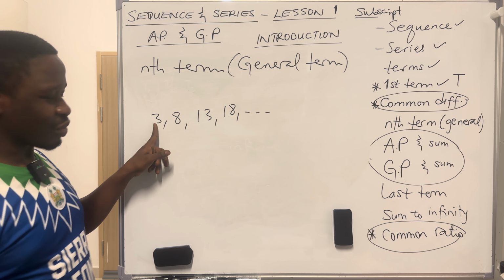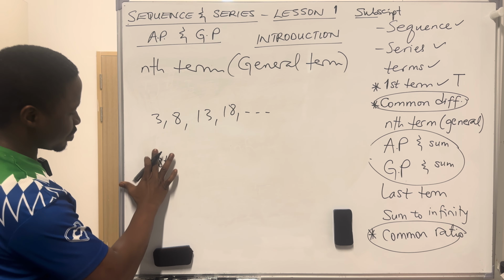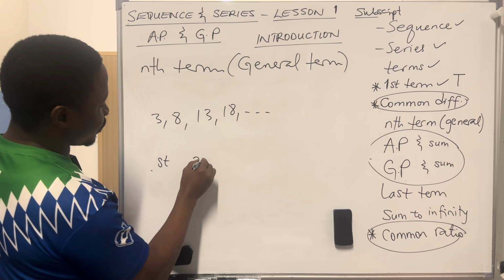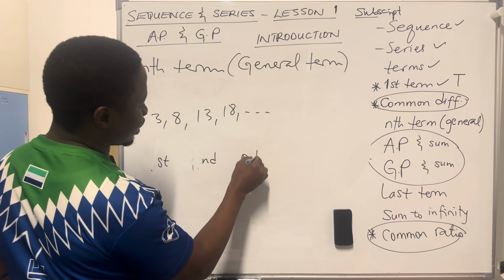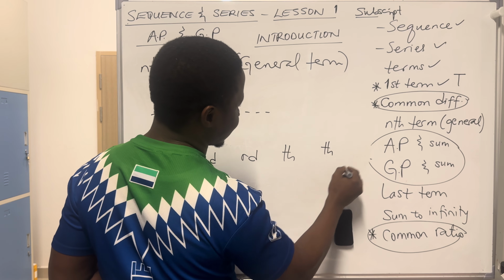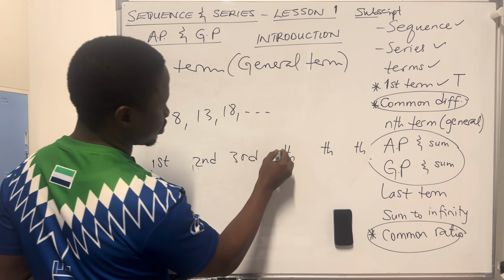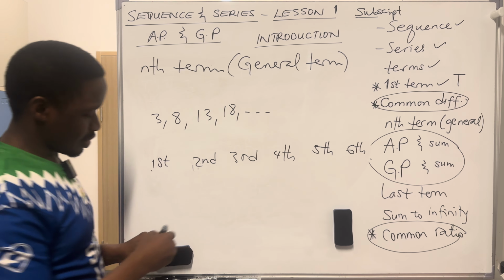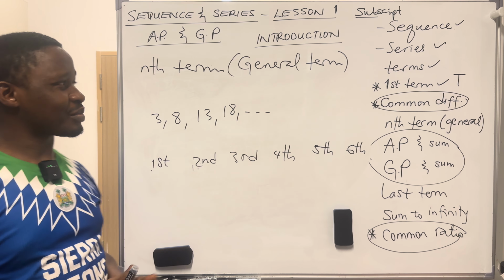This is the first term, and after the first term, we have the second term, third term, fourth term, fifth term, sixth term. Okay, let me write this. As the word implies, general term.